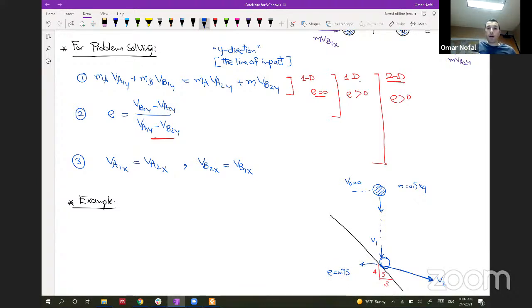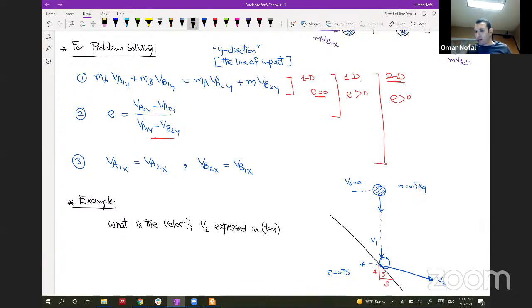And what is required is the velocity V2 expressed in tangent normal.